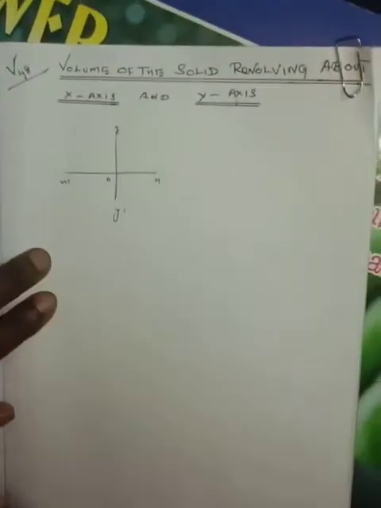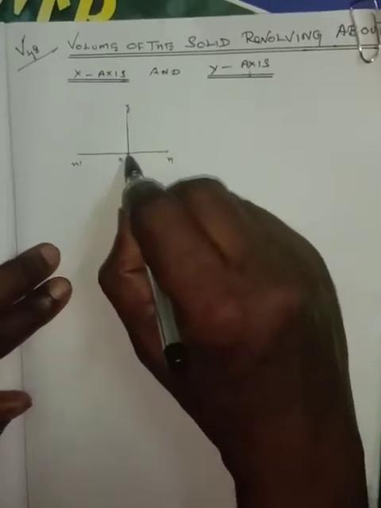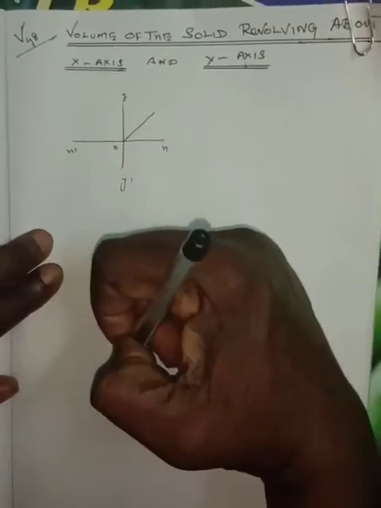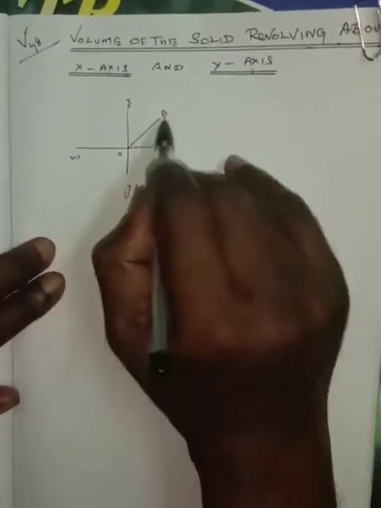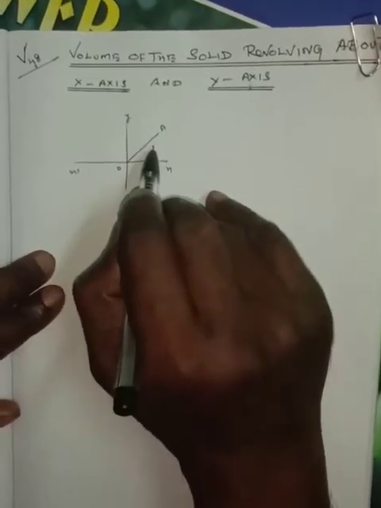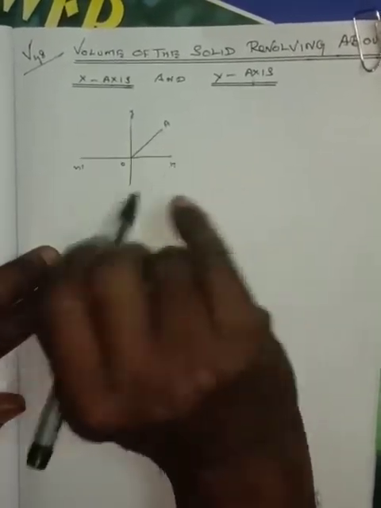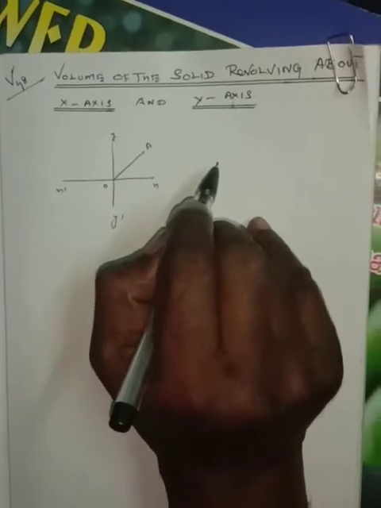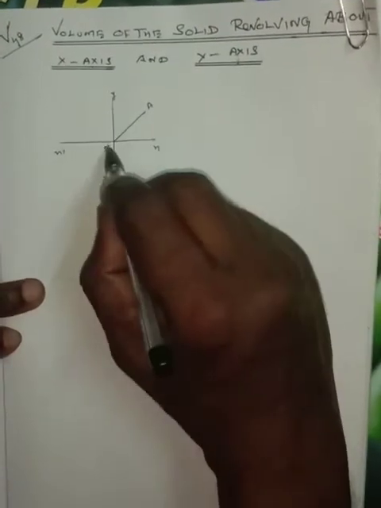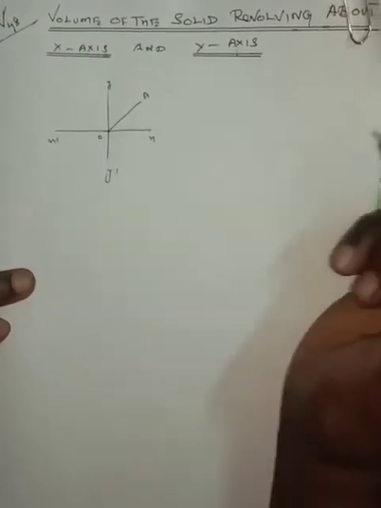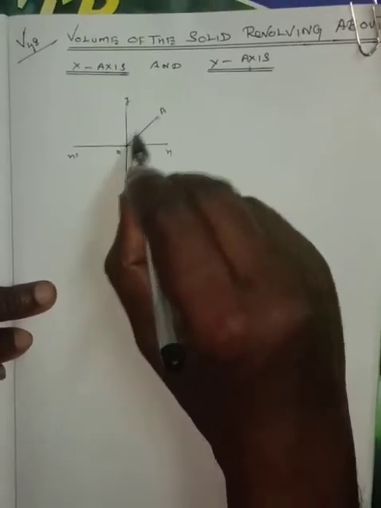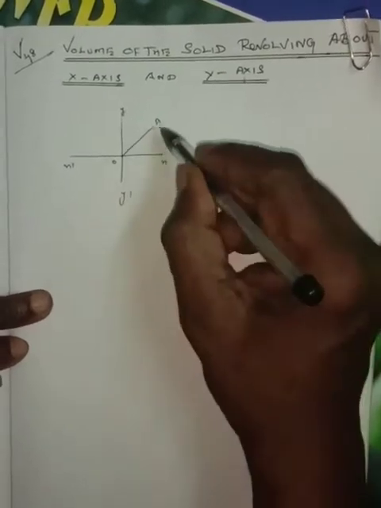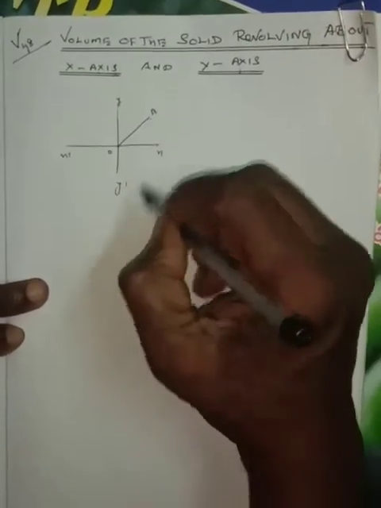From the origin, OA is a line segment on the first quadrant of the coordinate axes x and y. Now fix O. O is fixed, rotating about x-axis.